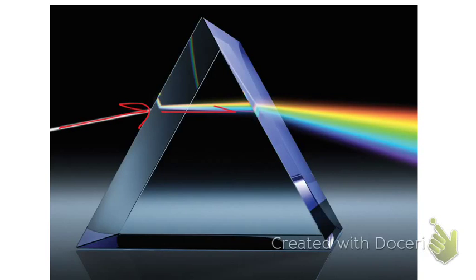As you can see, it's bending it, and when it bends that light through the prism, it breaks the white light down into different colors of light, and each one of those colors has a different wavelength and a different frequency. Alright, so each of these individual colors that you see right here are electromagnetic waves, and the difference between them is their wavelengths and frequencies, which then generate the different colors that we see.